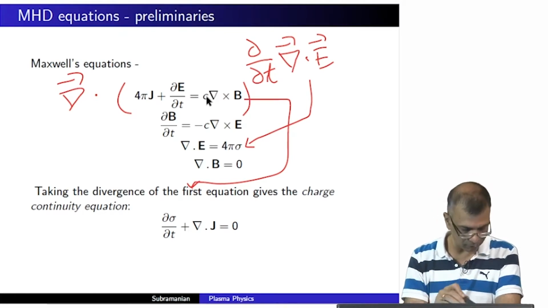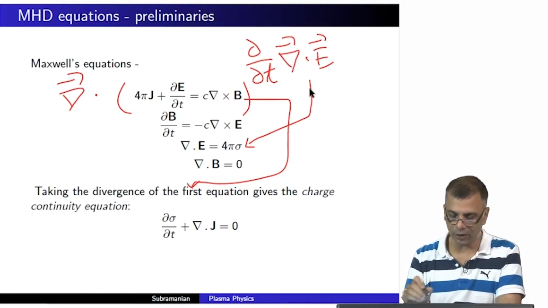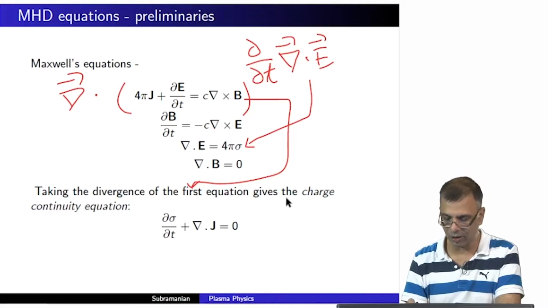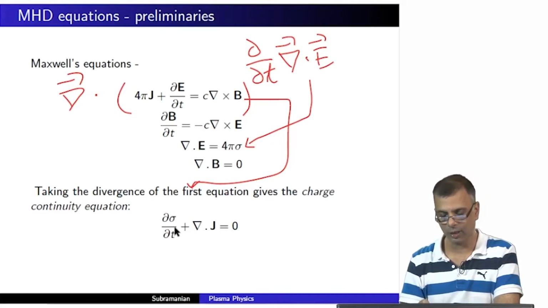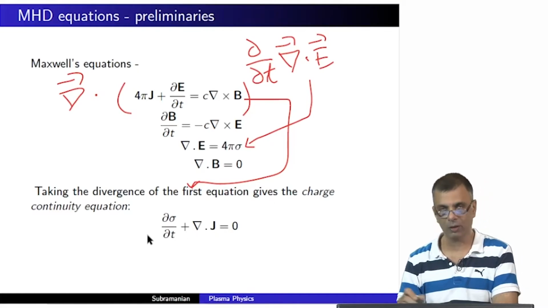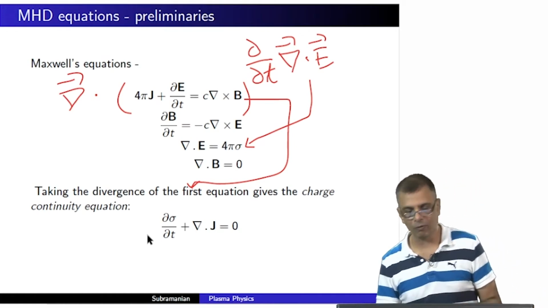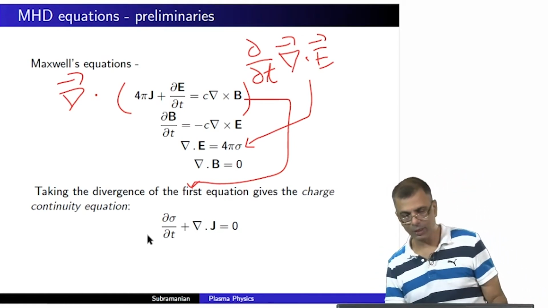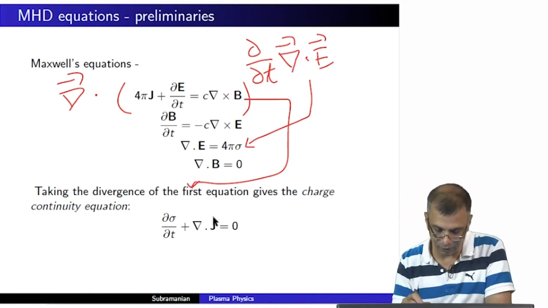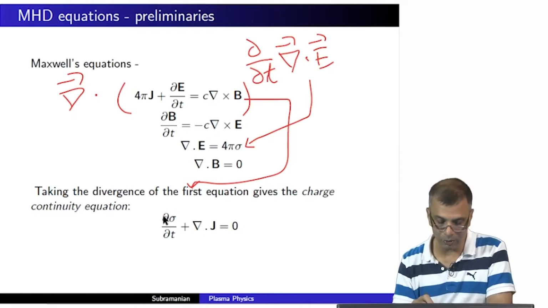So, taken together, taking the divergence of the first equation gives you what is called the charge continuity equation, okay, which you are familiar with from basic electrodynamics. This is essentially saying that the divergence of the current density is equal to minus the time derivative of the charge density.